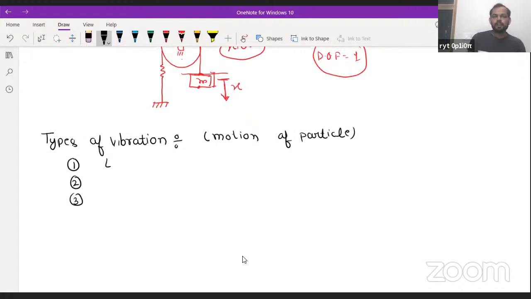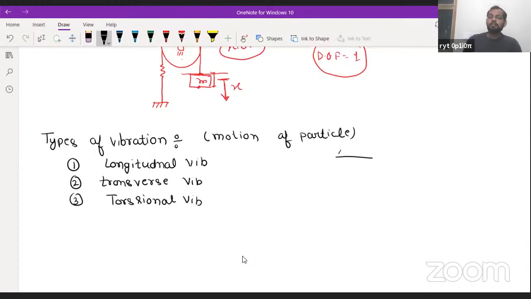First one is longitudinal vibration. Second one is transverse vibration. And third one is torsional vibration. Now, all three vibrations can be understood with the help of one example.